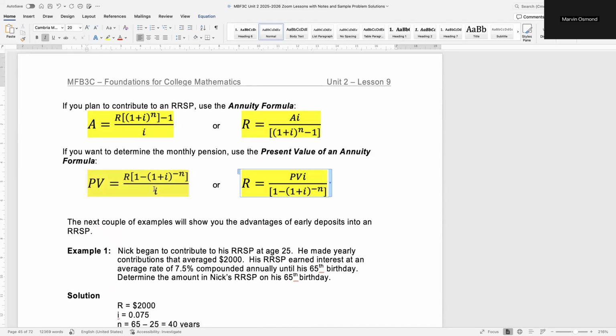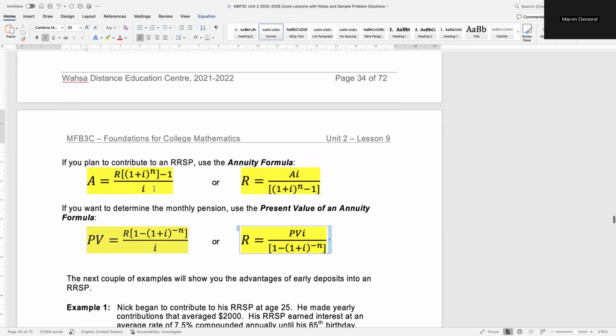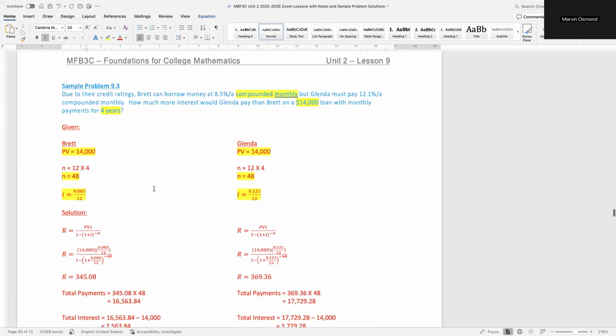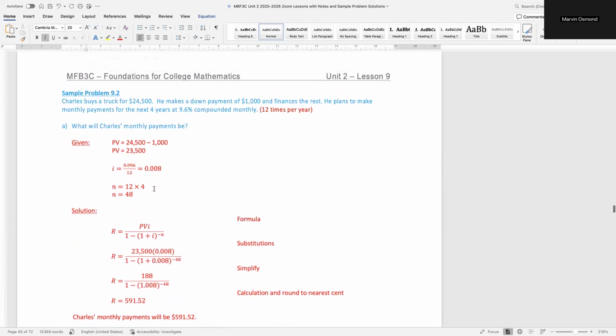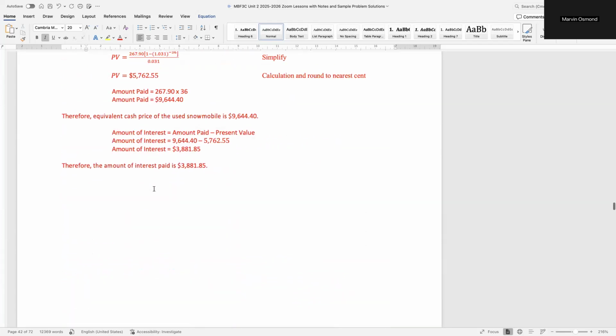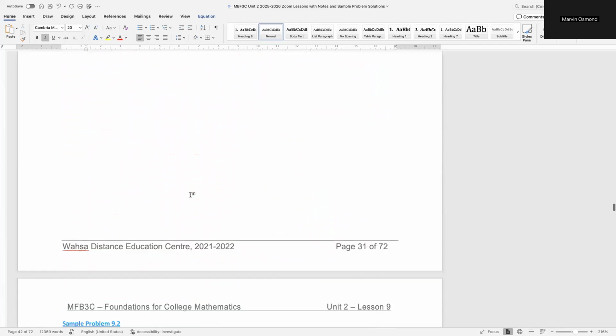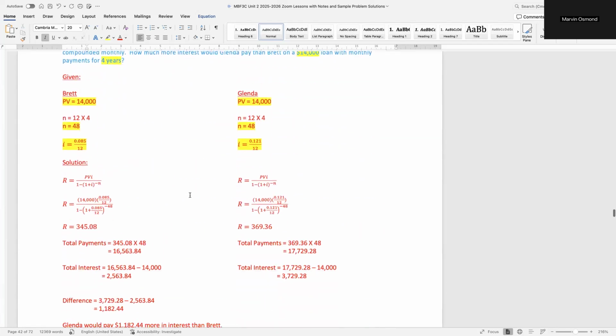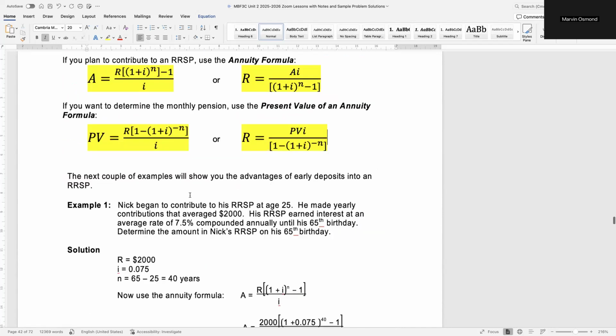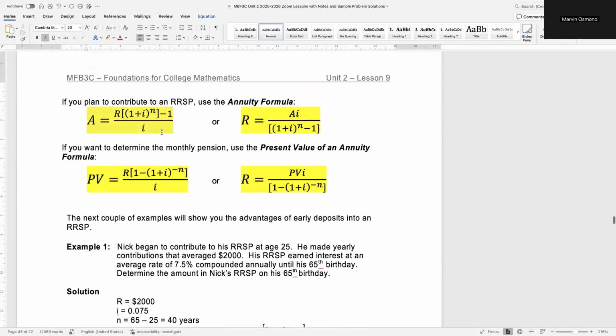So if you come back up here, PV equals R times 1 minus 1 plus I to the negative n over I. Okay, so those two formulas down here, we've worked with already. These two are going to be new.